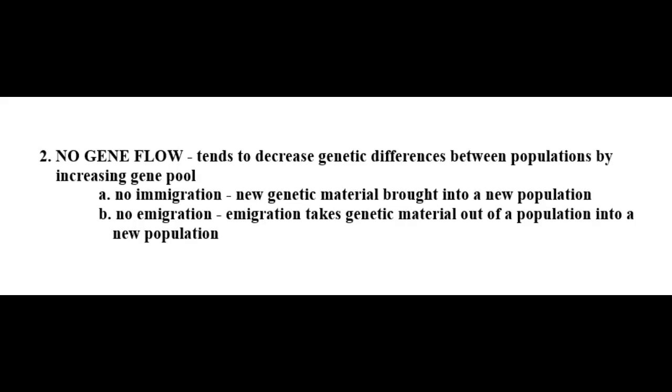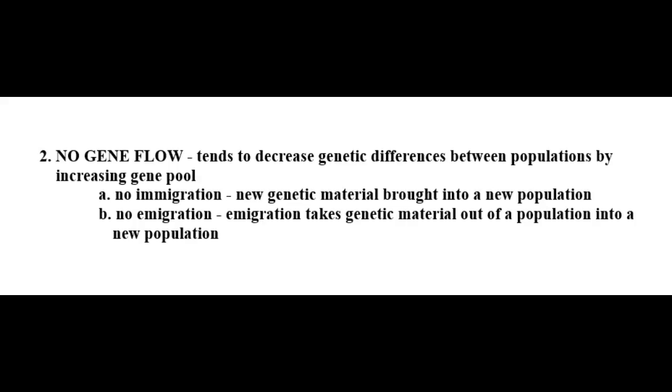This will actually decrease genetic differences between populations by increasing the gene pool. So no immigration, no genetic material brought into a new population, and no emigration. Emigration takes genetic material out of a population into a new population.